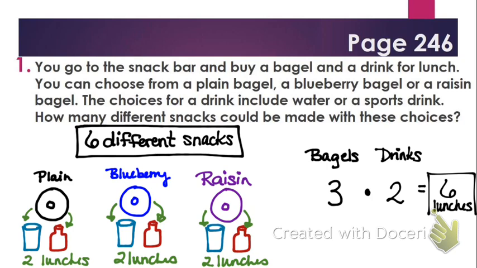This is called the fundamental counting principle. It's how I figure out the grand total of all the possible things that could happen. I look at how many options I have for each choice that needs to be made, and I multiply all of those choices together. Let's look at number 2.